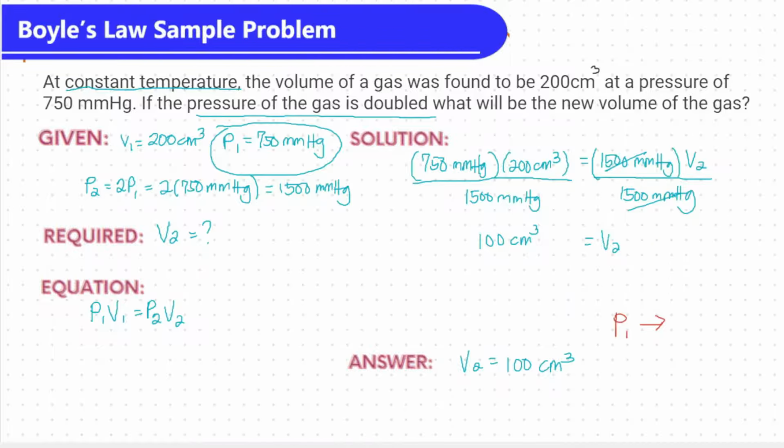So you can use that simple analysis whenever you are solving, because if there is a chance that your pressure increased and your volume also increased when you are solving Boyle's law, then there is something wrong with your solution. You have to recheck. All right? So there, let's go to our next problem.